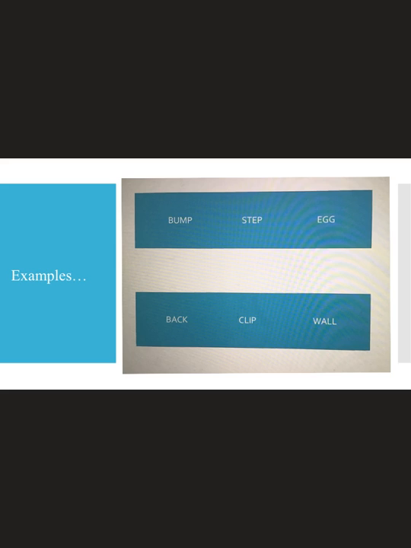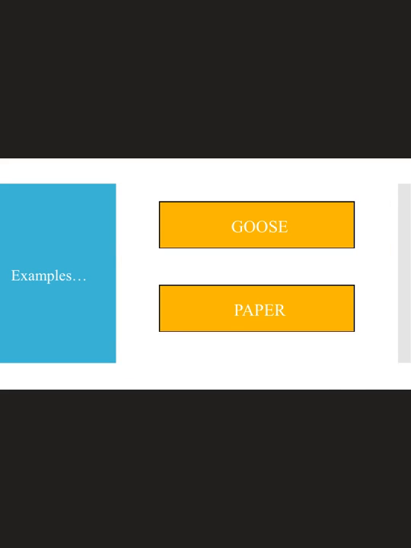Did you get it? Do you feel that aha moment? The answer is goose: goose bump, goose step, goose egg. The second one is paper: paperback, like a paperback book, paper clip, wallpaper. So there's your opportunity to maybe have experienced an aha moment, an insight.